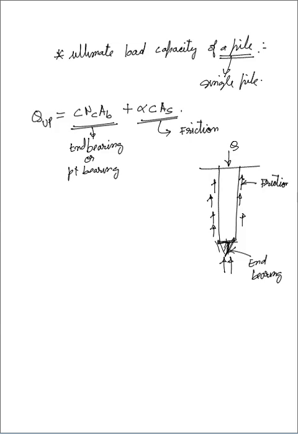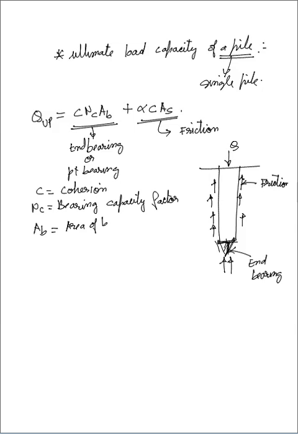For end bearing, the term C NC, C is cohesion, NC is your bearing capacity factor, AB is your area of base, which is pi by 4 d square in case of circular.